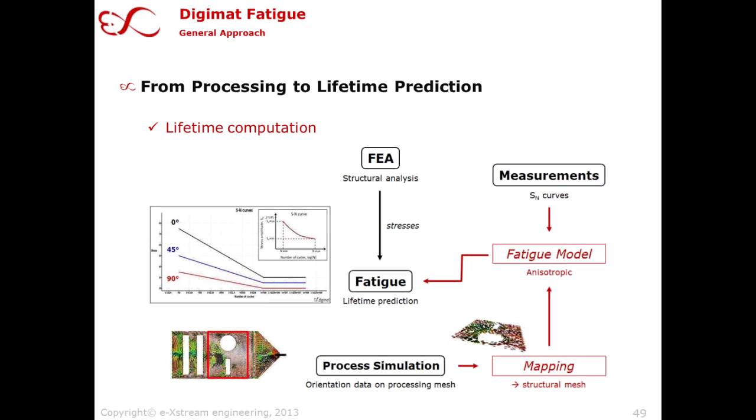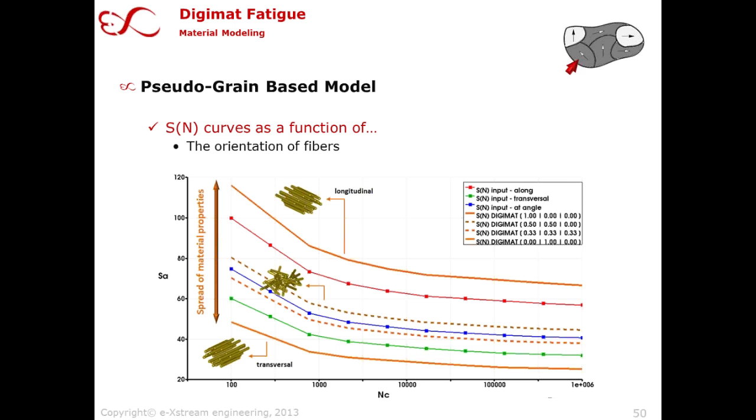And we take exactly the same simulation approach as we have seen it for the stiffness, and we map the local orientation onto the structural mesh, and locally then we decide which SN curve to take from our fatigue model, and the fatigue model is derived from our measurements, and this is fed into the lifetime prediction software.